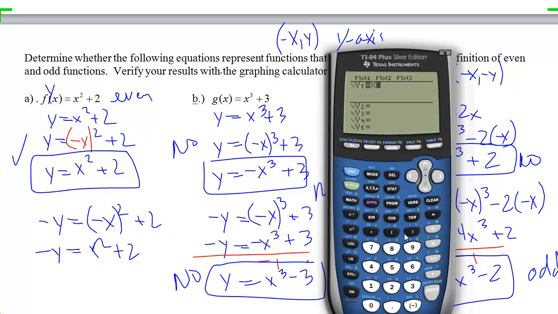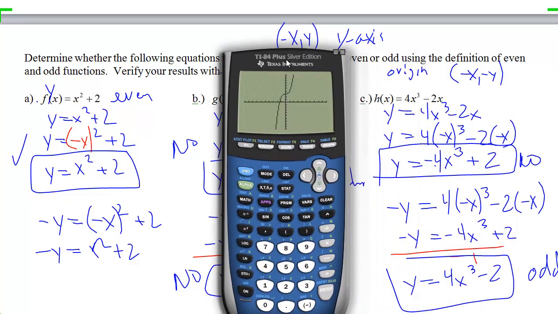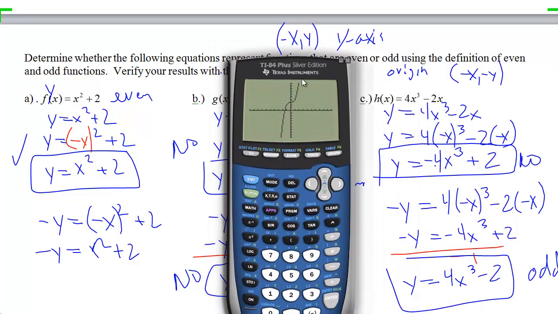This one I have x cubed plus 3. So again, this would be our parent cubic function shifted 3 units up. So it's certainly not symmetric about the y-axis, and because it's been shifted, it is not symmetric about the origin. So that one we said neither, and we were correct.